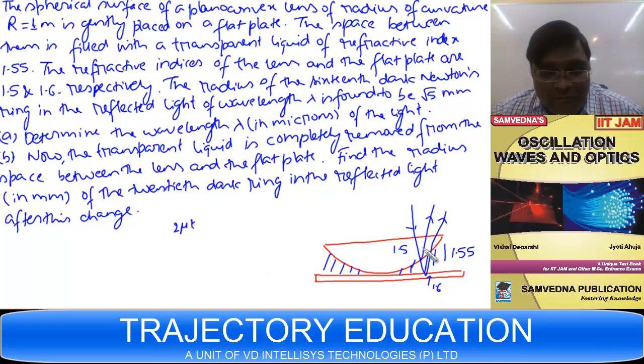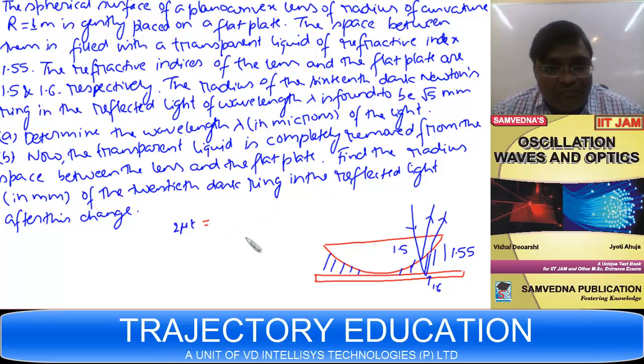Both rays are suffering a phase change of pi, so the path difference will become 2 mu t. Mu is the optical path distance. Optical path difference will be 2 mu t, the difference in the optical path traveled by them.